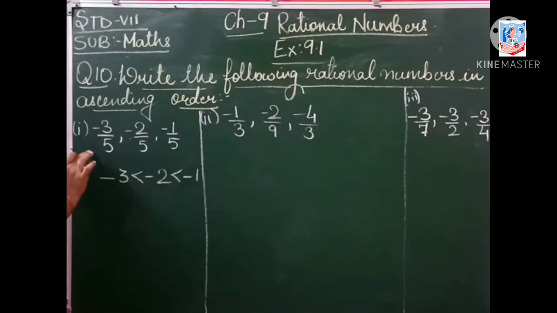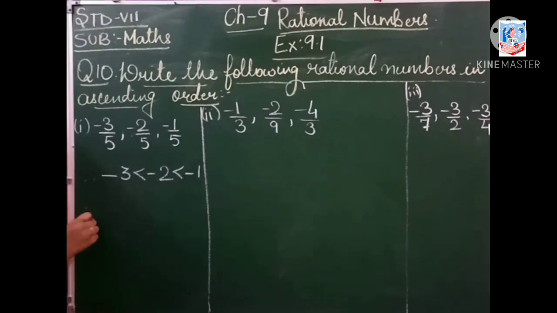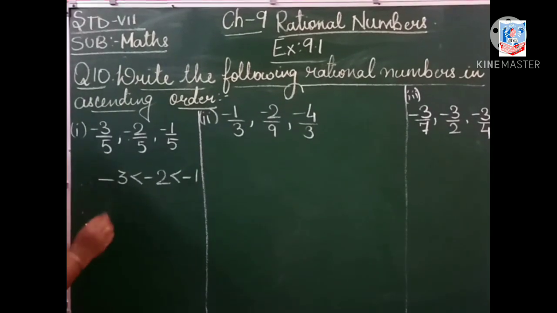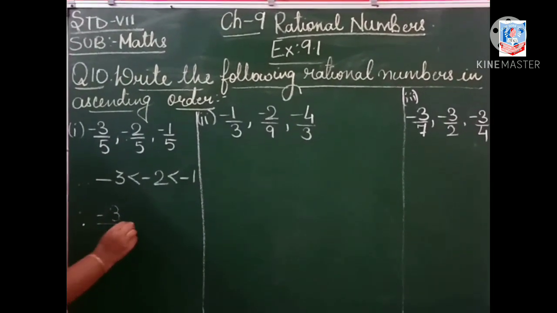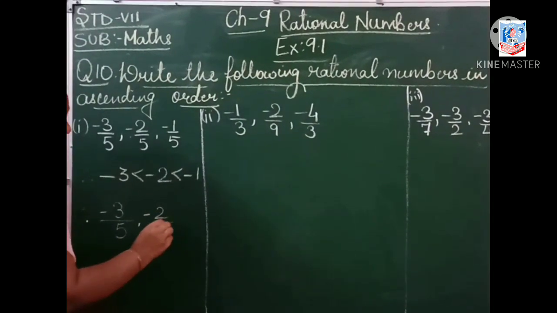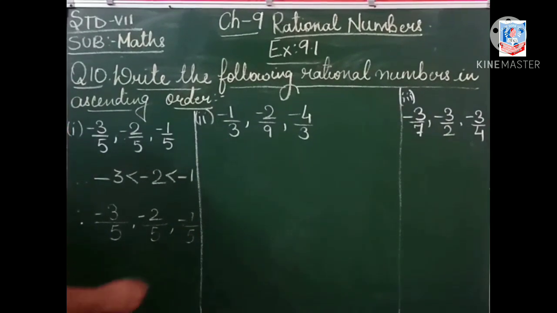So these rational numbers are already given in ascending order. So the ascending order of these rational numbers is minus 3 by 5, minus 2 by 5 and minus 1 by 5.